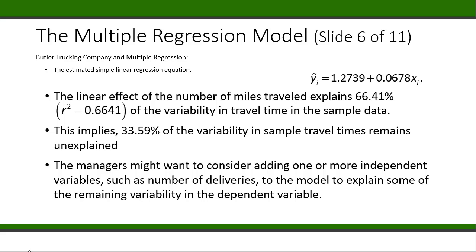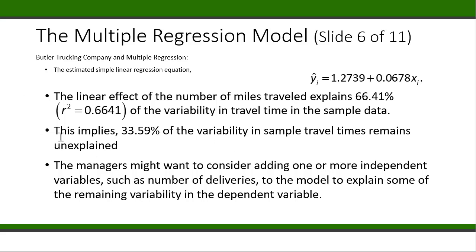Recall from our initial simple linear regression, where we only have one x to predict one y, our R squared value was 66.41. If we subtract that from 1, that implies that 33.59% of the variability remains unexplained. So that's a lot of variability that's not explained by that one variable.